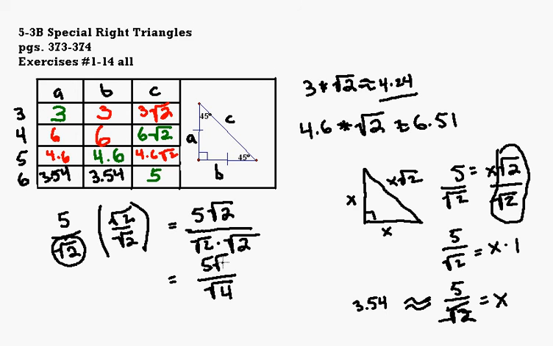And what is the square root of 4? Well, it's 2. So on top we have 5 times the square root of 2, and on the denominator we have 2. If I were to ask you to put A and B in simplest radical form, this would be the correct answer.